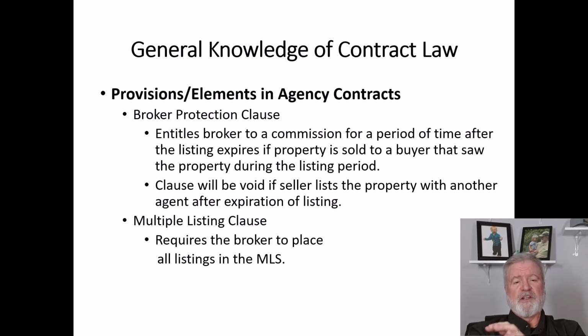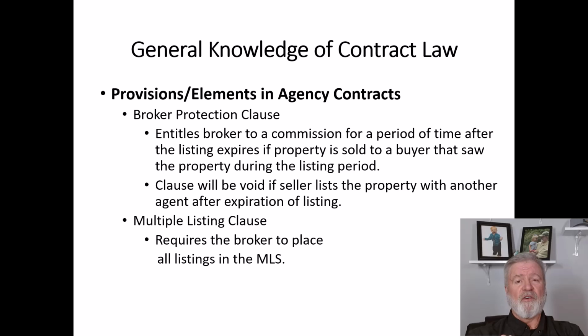Now, we'll tell you, at least on the part of the seller, if your listing agreement expires and they decide to relist their house with a different agent, as long as they relist it with another agent, then obviously their intent was not to try to cheat anybody out of commission. Otherwise, they wouldn't have hired another agent.